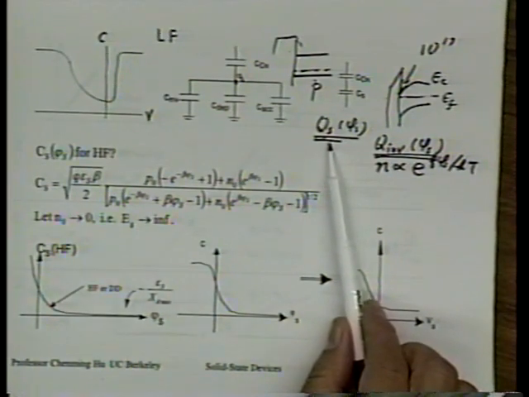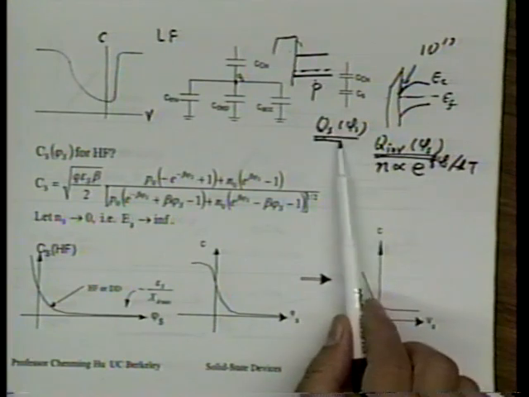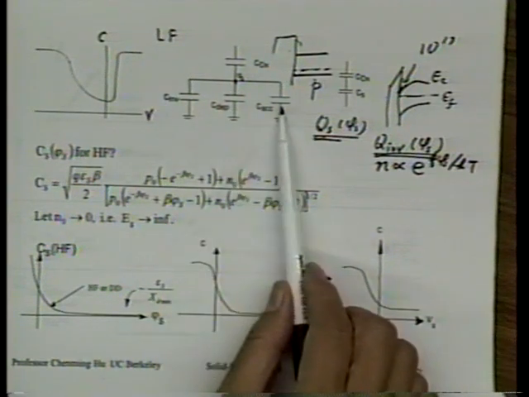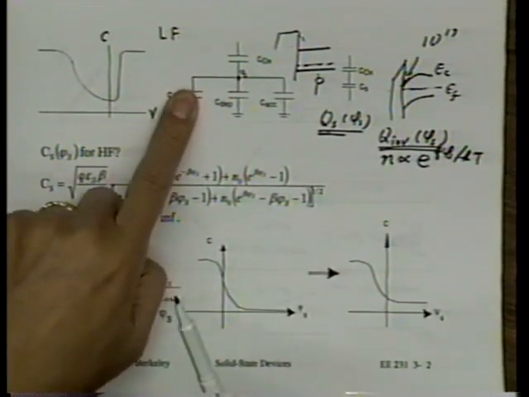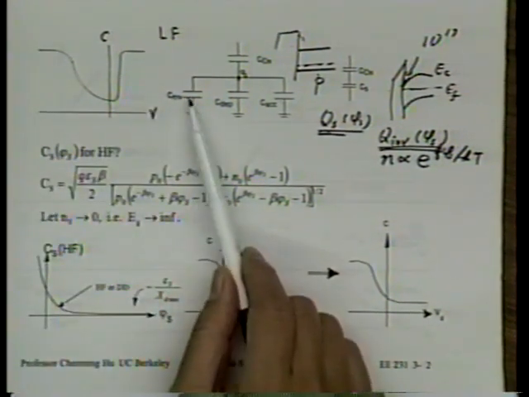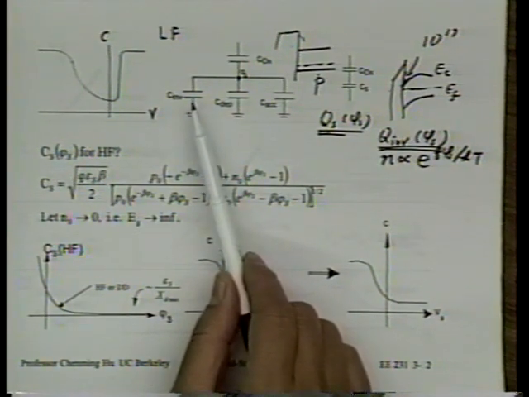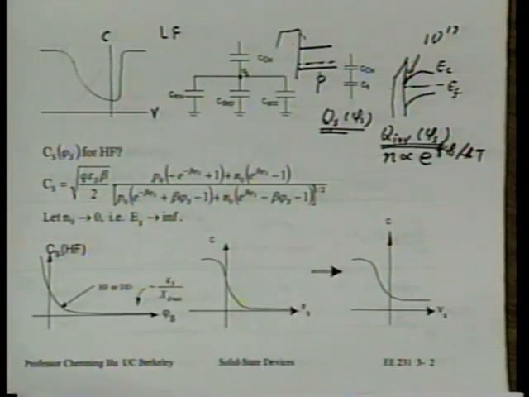The problem is that in the inversion region, the equation we derived last time would not be valid. Instead, out of the three component capacitances, we have to conclude that at high enough frequency, this capacitance drops out. Do you know what I mean? Because the inversion layer charge will not respond to a high-frequency signal. So we will only have those two component capacitances and not this component's capacitance.